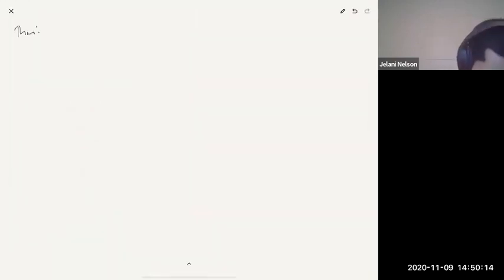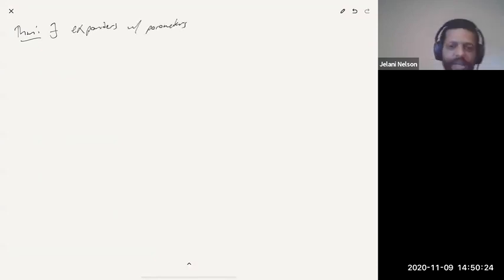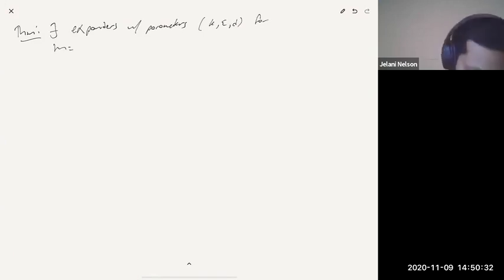Theorem: there exist expanders with parameters K, epsilon, D, for M being something like O of K over epsilon squared log N over K, and D being O of 1 over epsilon squared log N over K.